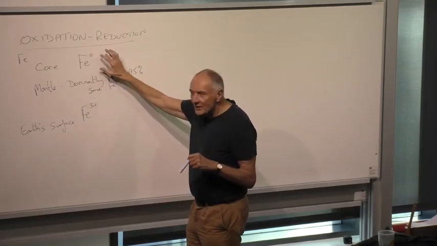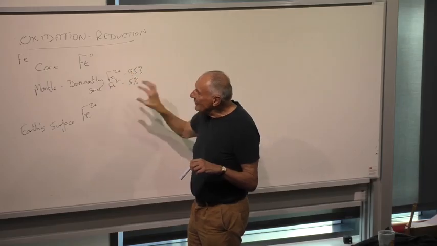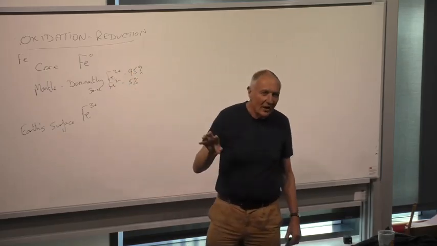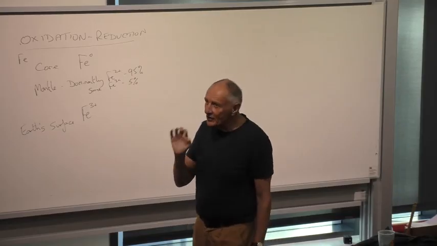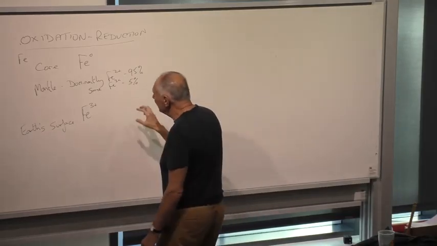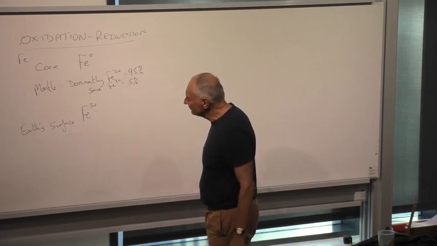So the mantle must have been more or less in equilibrium with metallic iron. Now it isn't. We can go to mantle rocks, peridotite, and determine what their oxygen activity or oxygen fugacity, as it's otherwise called, is based on their ferric and ferrous contents.